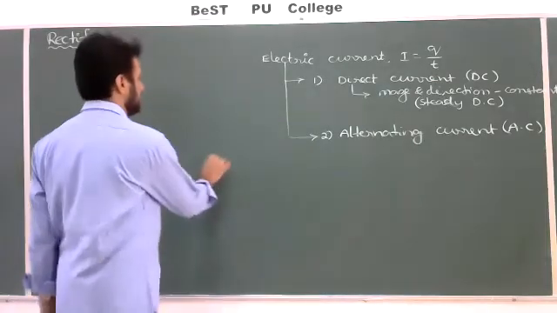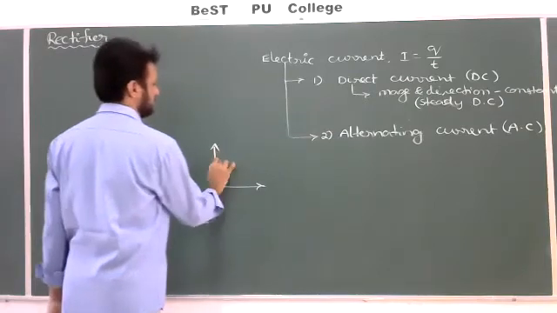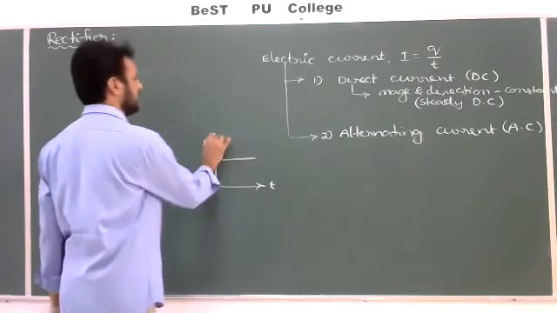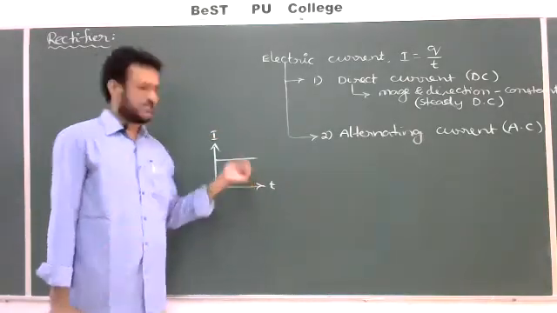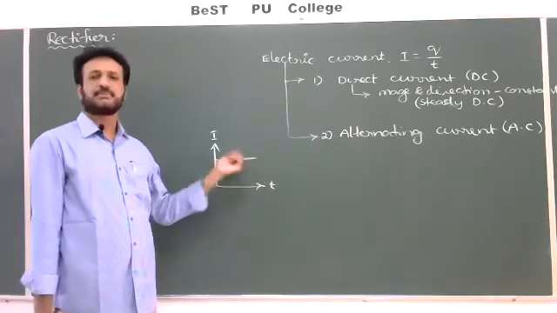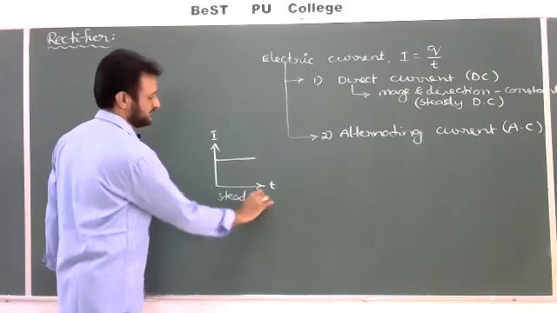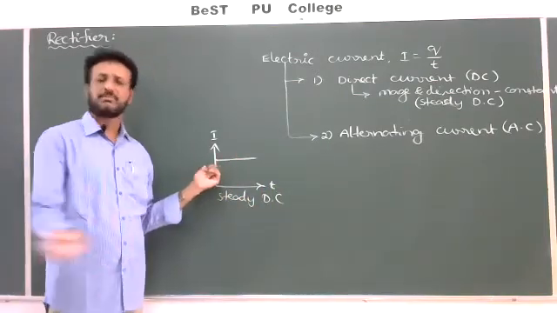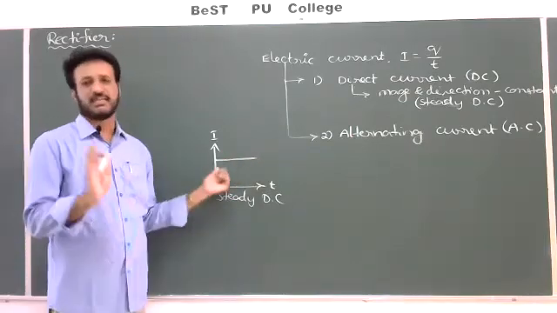For example, if you draw a simple graph like this, with time on the x-axis and current on the y-axis, then this type of current is called a steady DC. Here, for example, 2 ampere current is there. So anytime you observe, it will have only 2 ampere and only one direction.